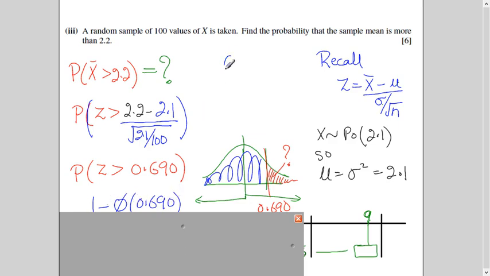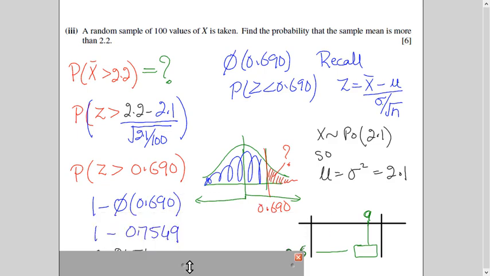I'm sure you remember it, when we write phi of any number here, whatever is given here, it means probability of z less than 0.690. This is the standard thing, right? So now you will calculate the probability from the table, and then you will subtract it from 1 and get the answer. Now for reading this probability in the table, it is first decimal place and then second decimal place.